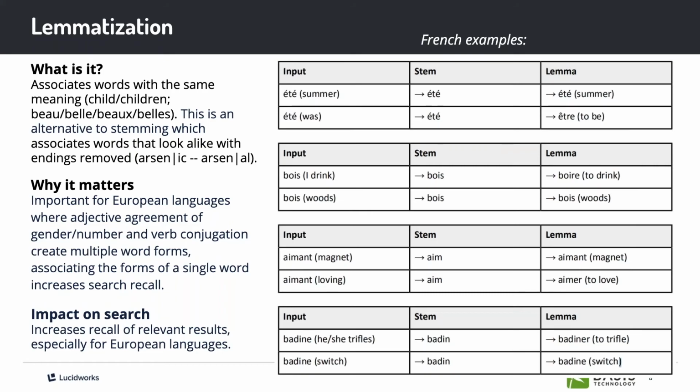And it matters quite a bit, especially when we start dealing with European languages. Latin-based languages are a great example of that, where adjective agreement and gender number agreement needs to happen. And also verb conjugations can create multiple word forms, but they're associated with the same single word. The impact on search is quite heavily increased by increasing recall of relevant results, especially for these types of languages.